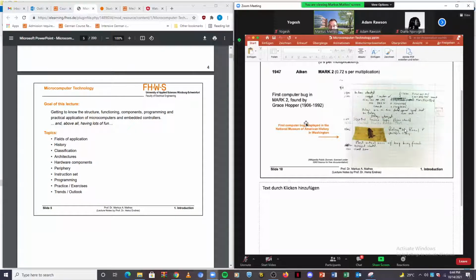So you can see there were no debuggers, there were no tools. You simply write down your program on a sheet of paper, then you transfer it to the binary encoding in the system. And if you have made an error, you recognize it after execution, you have to go back to your paper and check, okay, where is the real problem?